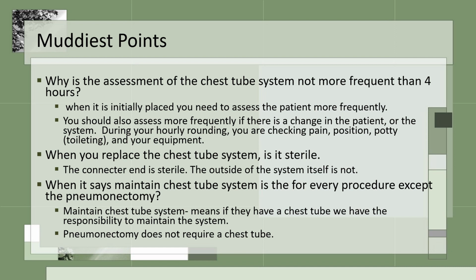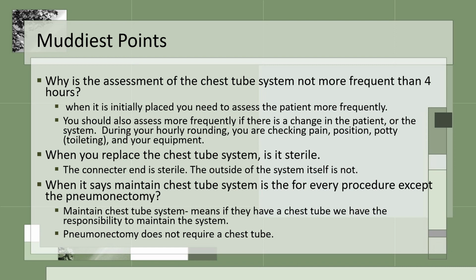We are doing hourly rounding in the hospital, so while you do hourly rounding, you're always checking on pain, position, toileting, and your equipment every hour. So technically, you are assessing more frequently than 4, but at 4, you're actually putting the stethoscope to the patient. So we are assessing more frequently, just in a different way, but once they're stable, every 4 hours is fine.